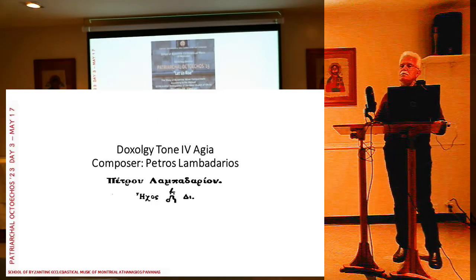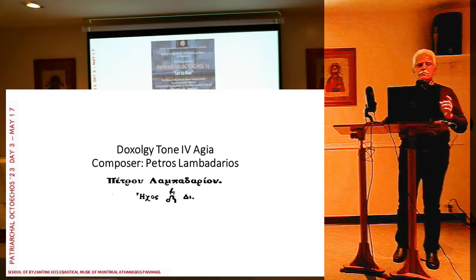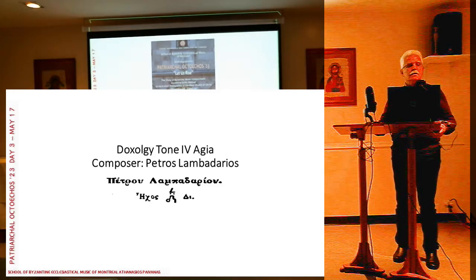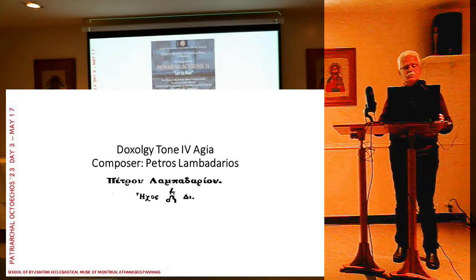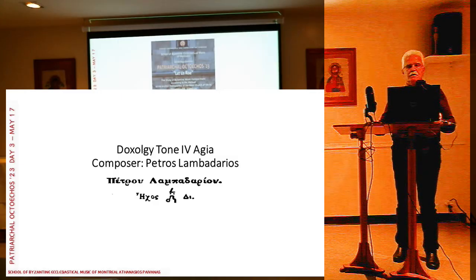I should have said this during the first day. If we talk about Byzantine music, we know, all of us, that there are 4 columns. The first is Ioannis Protopsaltis, 7th century and 8th century.